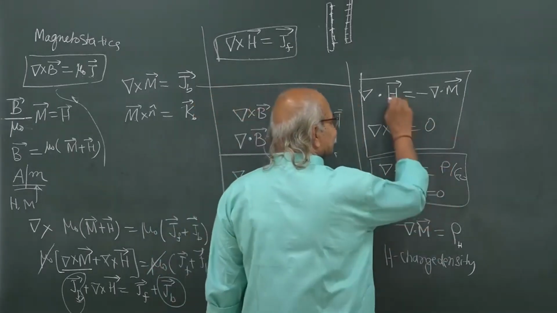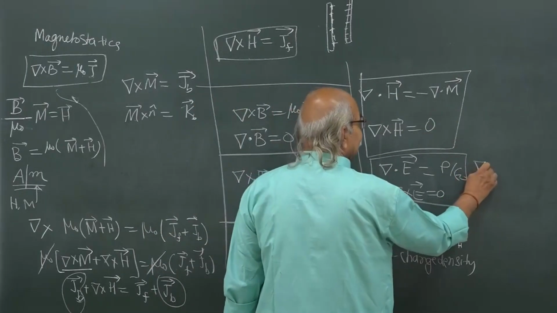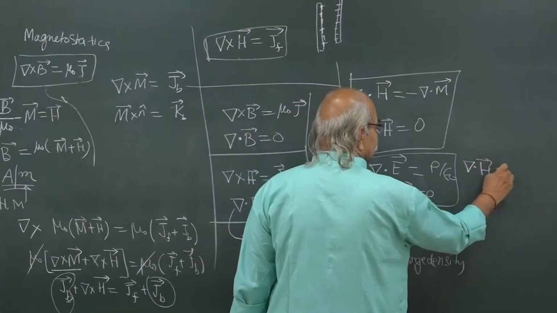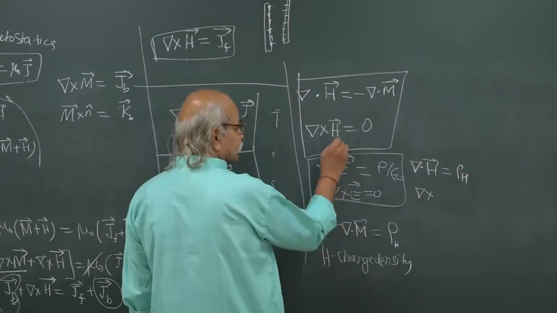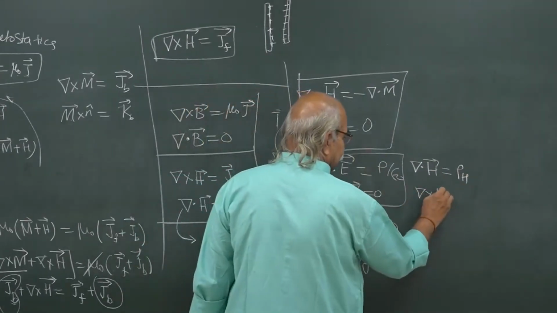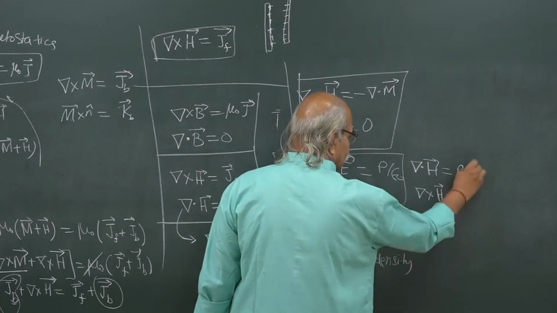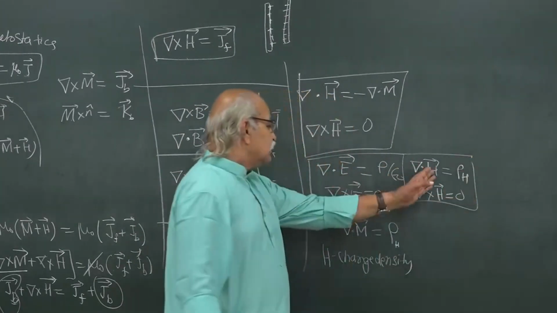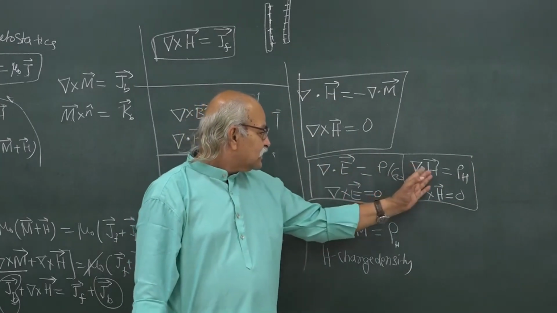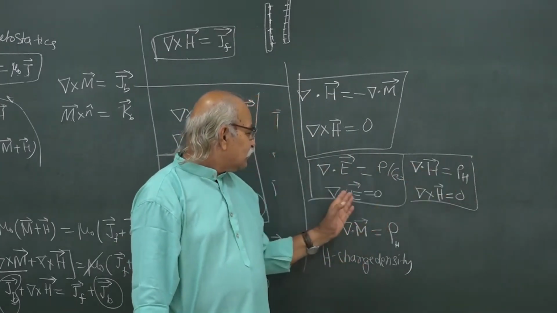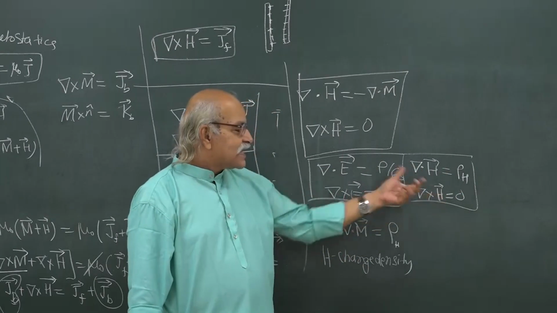Now divergence of H is equal to rho_H, and curl of H is 0. So, this equation and this equation, divergence of E is this, divergence of H is this, curl of E is 0, curl of H is 0, they are identical.